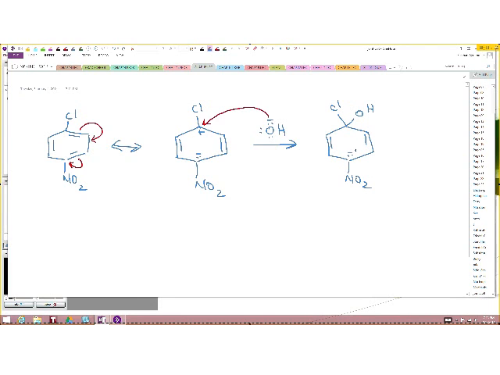Now we want to regenerate the aromaticity of the benzene structure. So what happens? We reform the carbon-carbon double bond. This comes here, and this comes here. And when that happens, we kick out the chlorine.